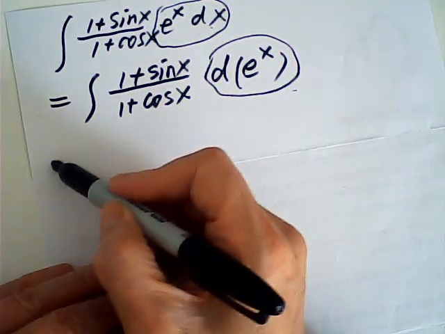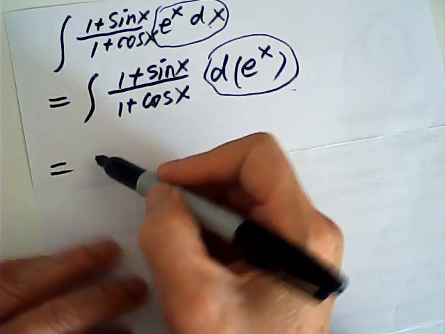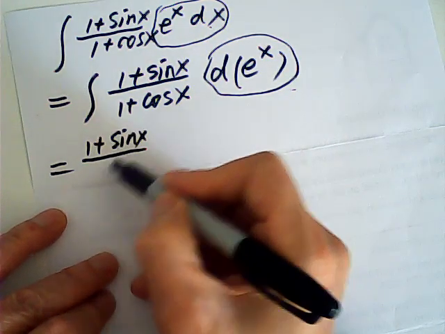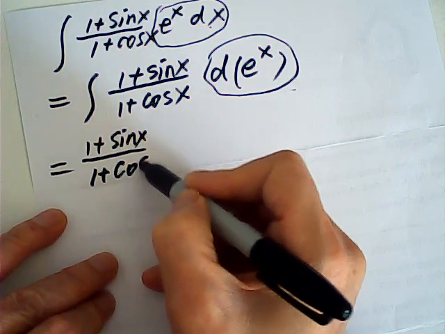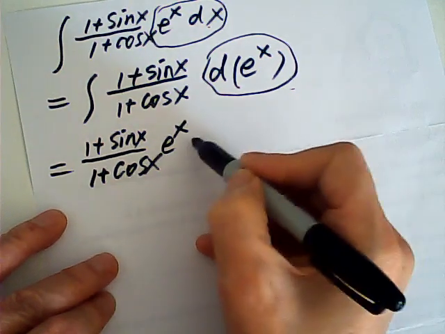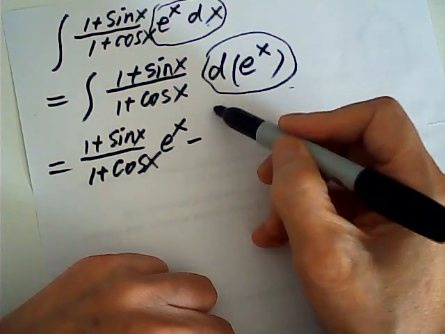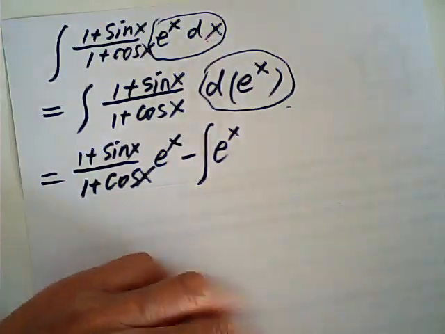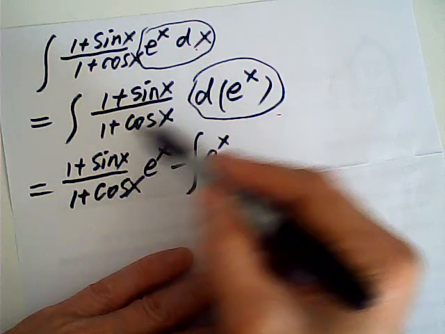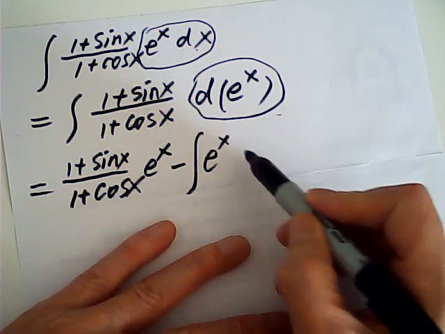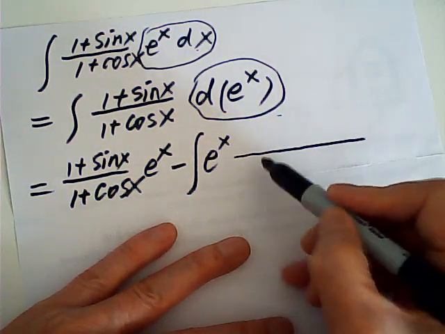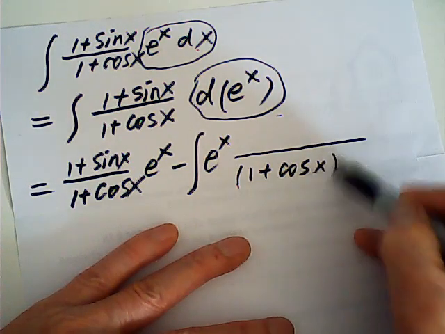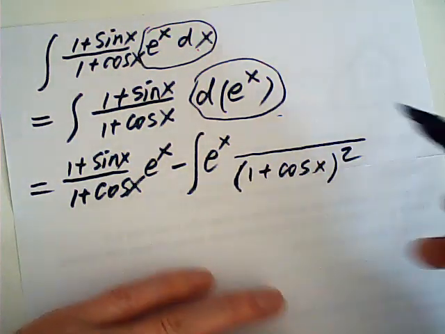u dv is equal to uv, u times v, minus v du. v is this. du is the derivative of this rational function, which is over 1 plus cosine x squared, by the quotient rule.